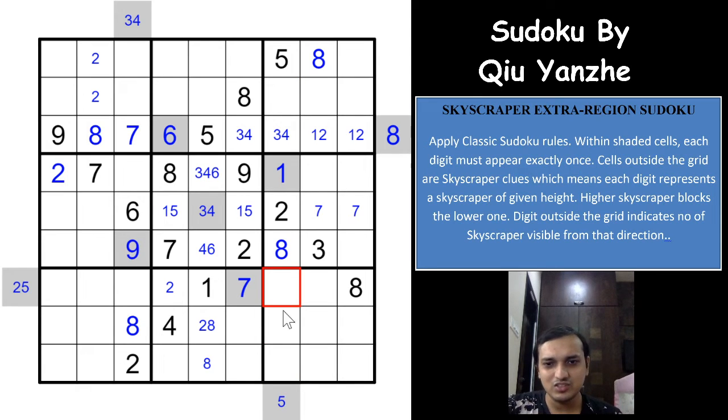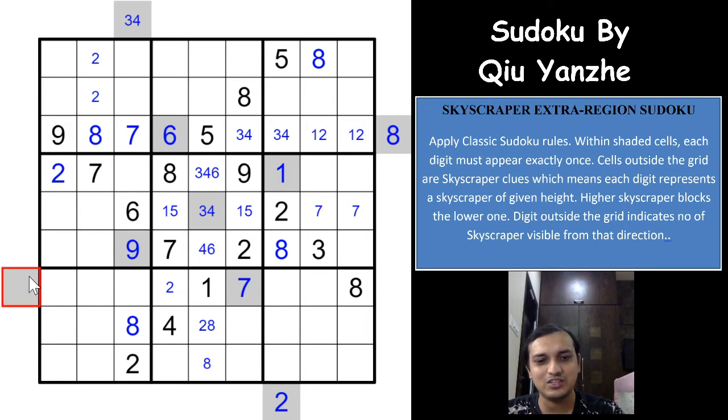If this cell is a 5 skyscraper clue, 7 has to be here, because 8 is here, 9 is here. 9 cannot be in any of these 3 cells. 9 has to be here, which means 7 has to be here, right? For all the 3 cells to be seen, 7 cannot be here, which means this 5 is not possible. This has to be 2 and this has to be 5, and this being the 5, 9 cannot be in these 4 cells. 9 has to be in one of these 2 cells, right?